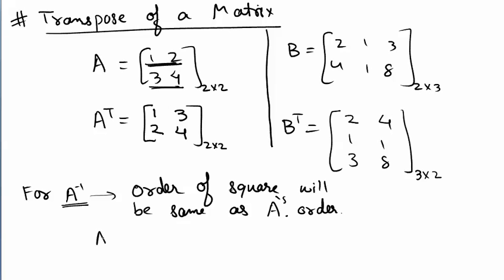For example, if A is of the order 3 cross 3, then definitely A inverse will also be of the order 3 cross 3. That is for sure. Okay? We will discuss it when we discuss A inverse later on.